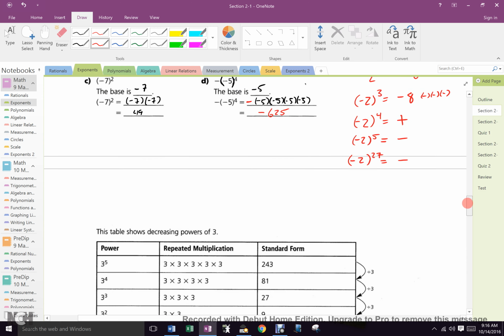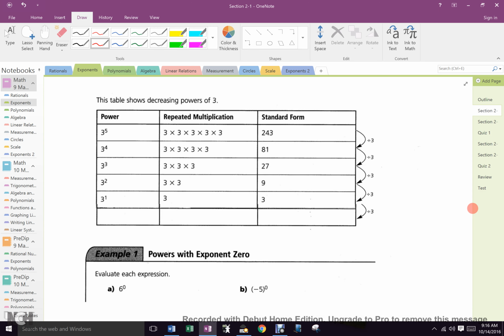Turn the page over. Do you guys understand this chart? As we go smaller, we are dividing by 3 each time, yes? Each time we go down an exponent is a divide by 3, yeah? So you guys are smart kids.